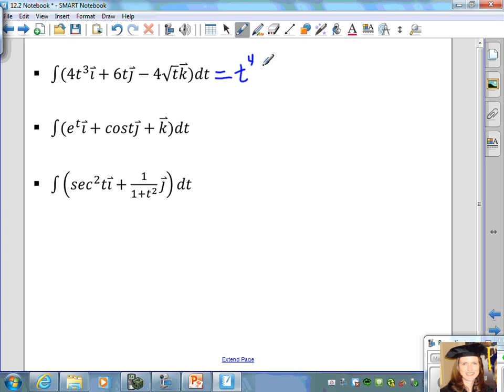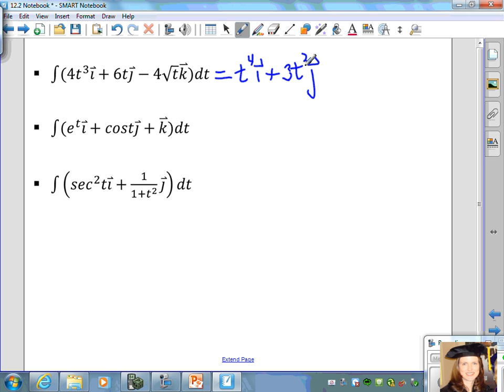You can add a constant here, or you can add that vector of constants at the end, which is what I will be doing. So the antiderivative is going to be t to the fourth i plus the antiderivative of 6t j, that's going to be 3t squared, plus a constant. We'll add that to the vector of constants at the end.